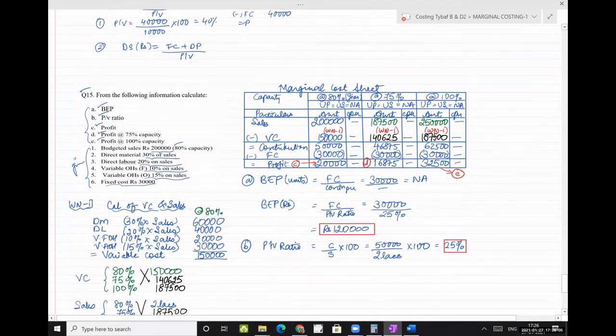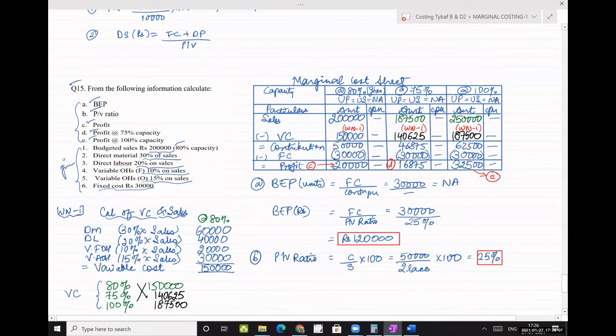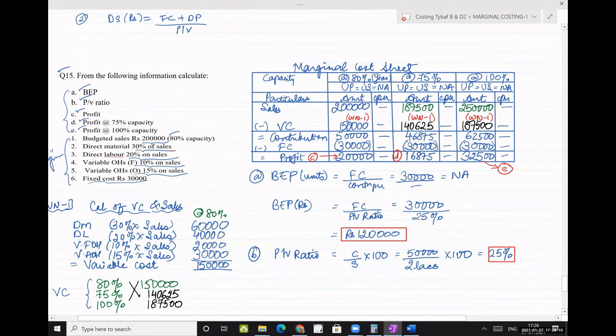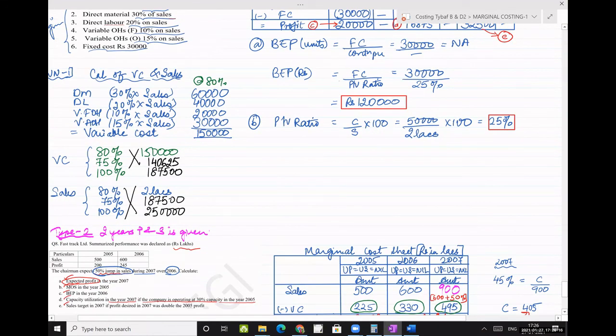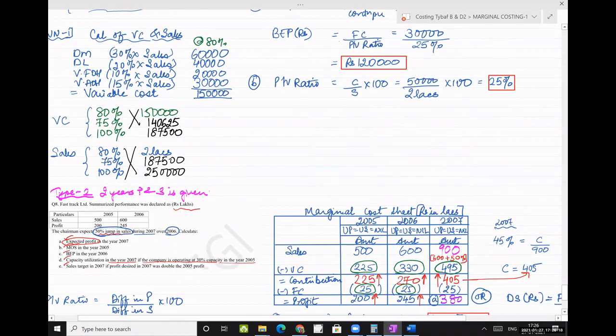From this question number 15 onwards, now you will have maximum sums depending on capacity utilization. With a little bit variation, like in type 2 a little higher level, type 3 a little higher level. Then you may have combination of type 1 and type 3, combination of type 1 and type 2, combination of type 2 and type 3, like this.